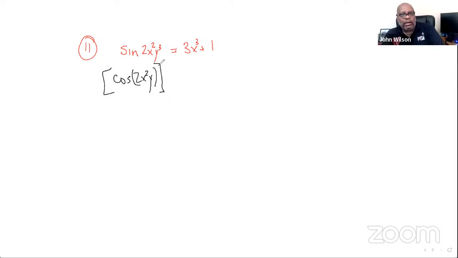And that is the product rule. So it goes 4x, derivative of the first, times the second, plus the first, 2x squared, times the derivative of the second, 3y squared, y prime. Then out here it's pretty simple.